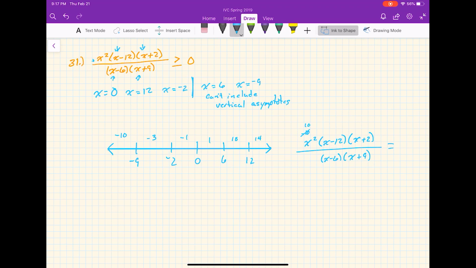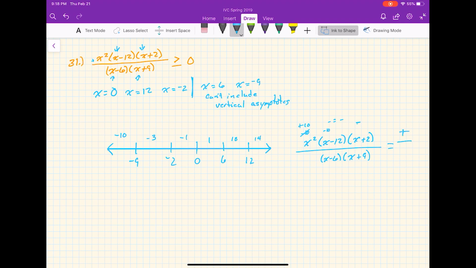So if I put negative 10 here, I'm actually going to get 10. It's going to be positive. Put negative 10 in here, I'm going to get a negative. I put negative 10 in here, I'm also going to get a negative. So positive times a negative equals a negative. And then this last section, if I put a negative 10 in here, that's going to end up being negative.